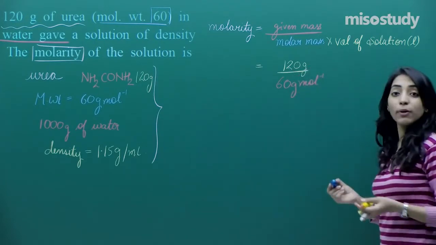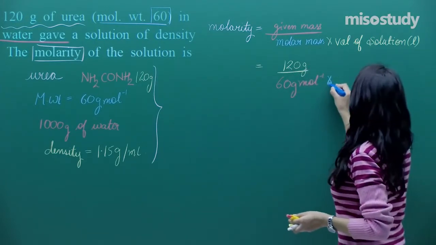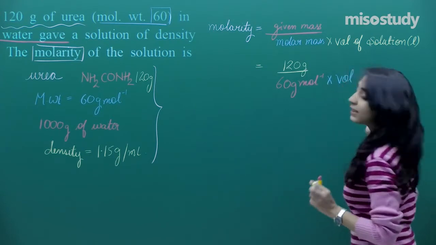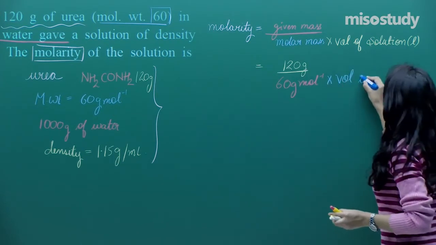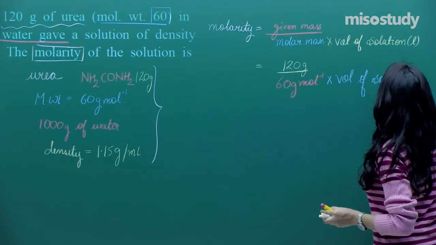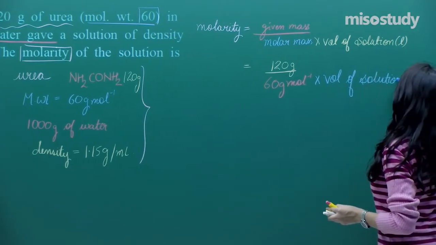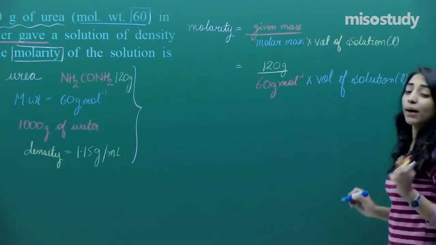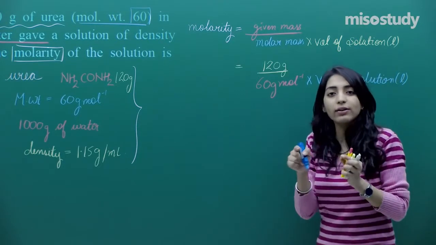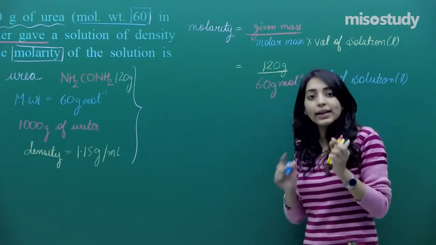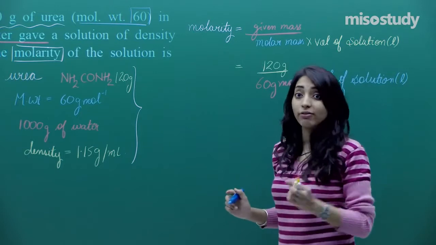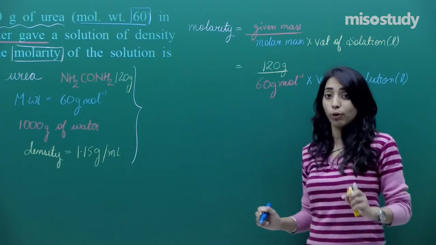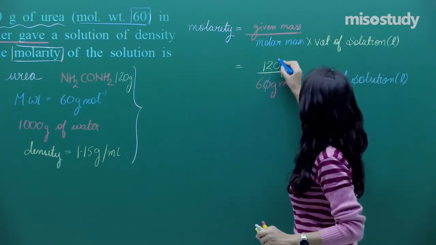Now what is the volume of solution in liters? This I don't know. I am writing volume of solution in liters. I am not writing just volume and bracket L. Why am I doing so? That is also very important, you will see in a minute.